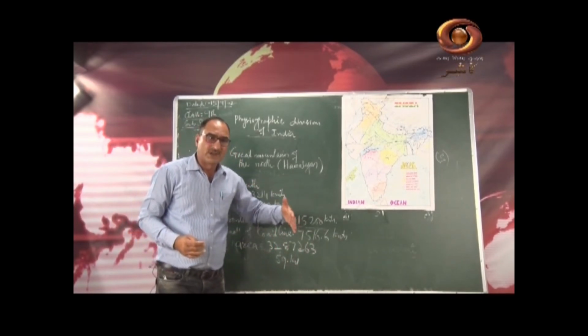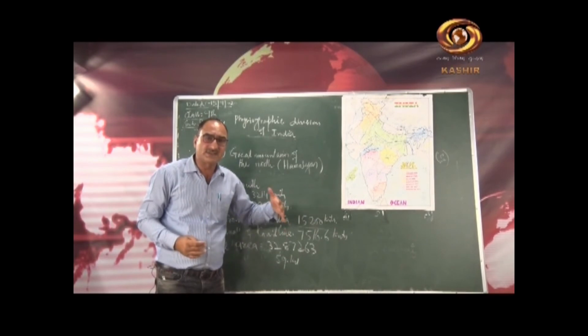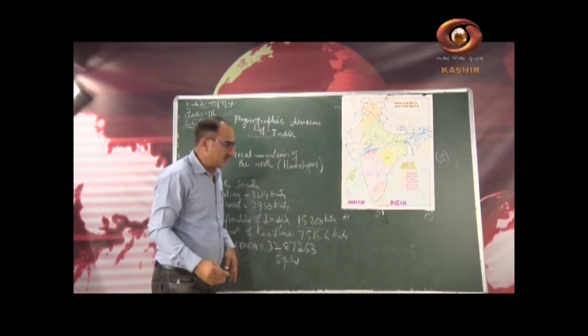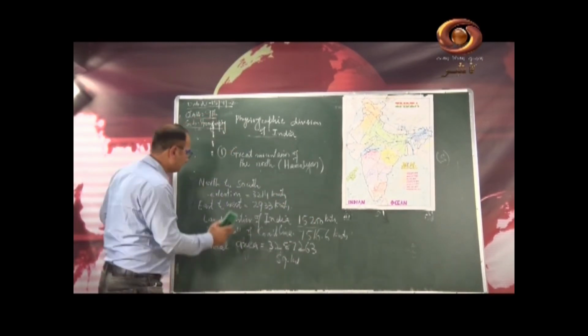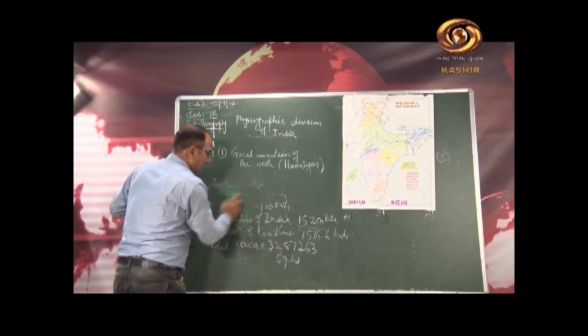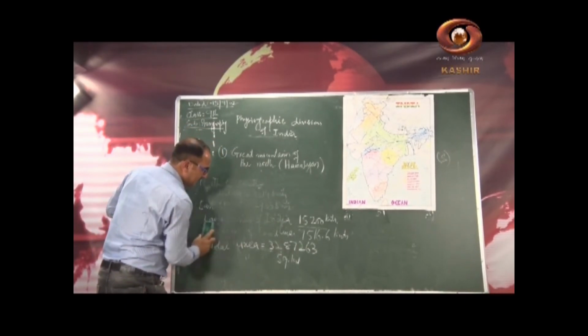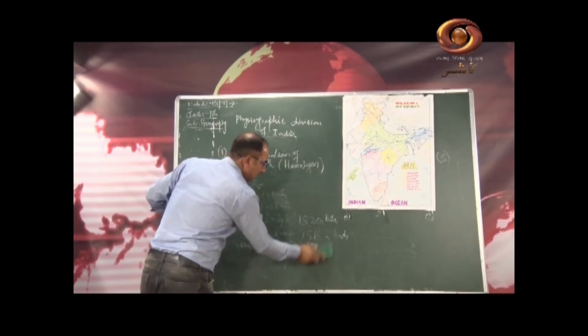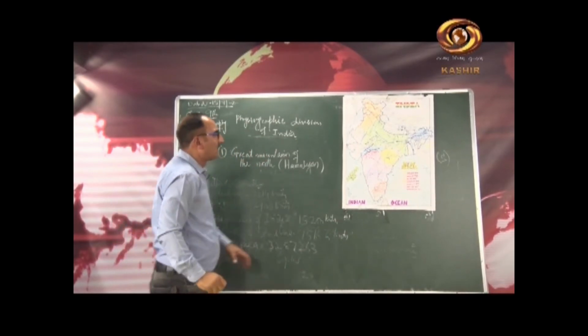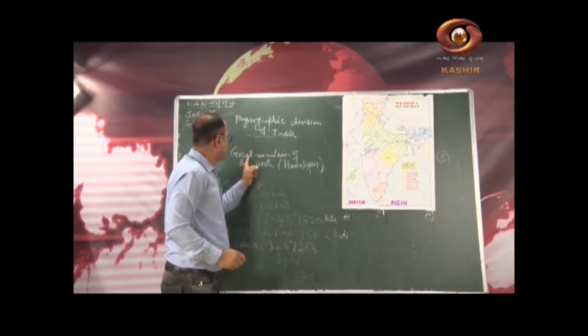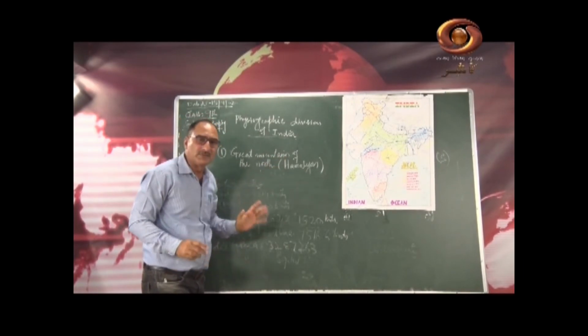According to the area, India is the 7th largest country of the world. My dear students, this is the information which I have given you. Now, the great mountains of the north, the Himalayas.